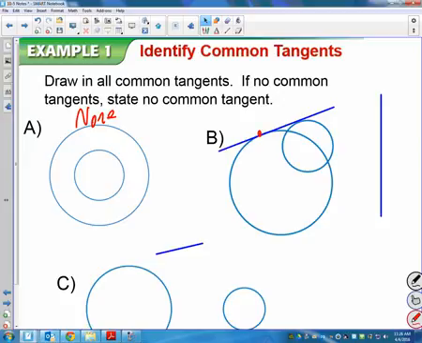It would be tangent here and here, and then on the other side. If it goes through the circle, that means it's going to touch it in 2 points. Do you agree with that, Garrett? If it goes through the circle, it's going to touch it on either side, and that's not a tangent. A tangent can only touch it in 1 point. So I agree with Chandler that there's 2.